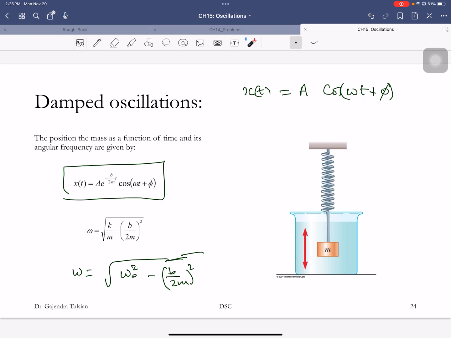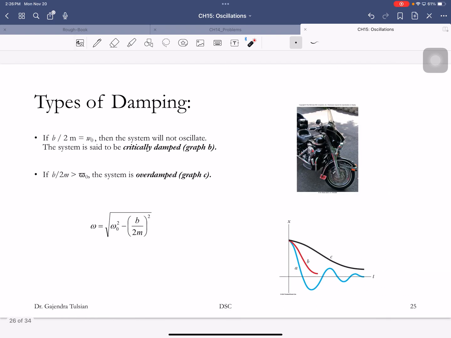Now notice something. If this term was equal to that, then this would be 0. So if there's too much damping, the system won't even oscillate. Now you might want that in systems like this. Let's say you're driving a motorcycle, you hit a pothole, you don't want this wheel to be oscillating.